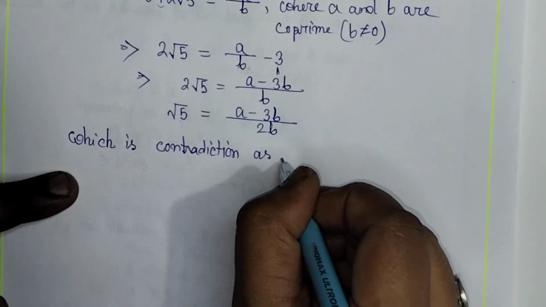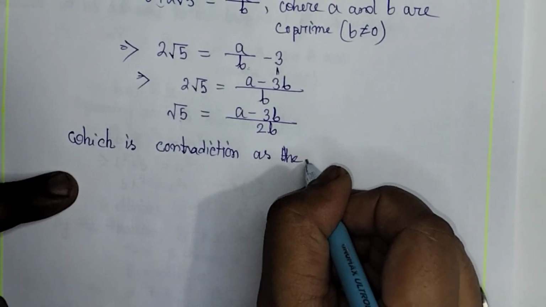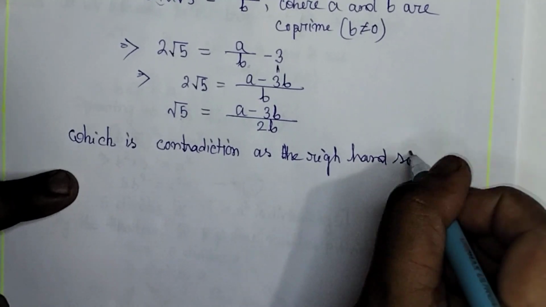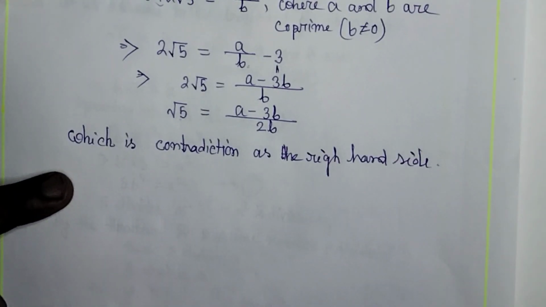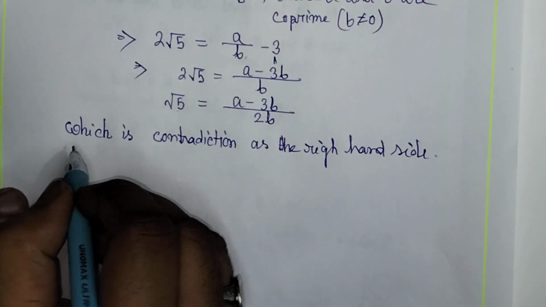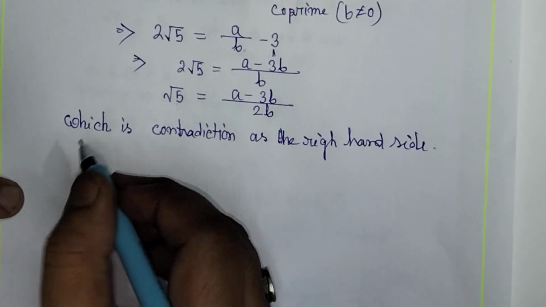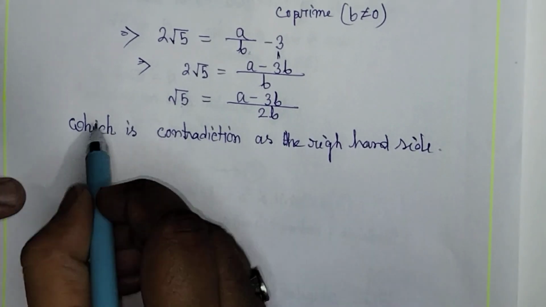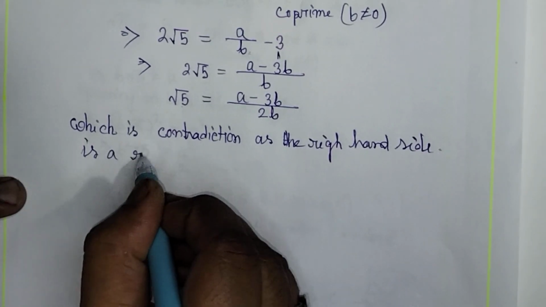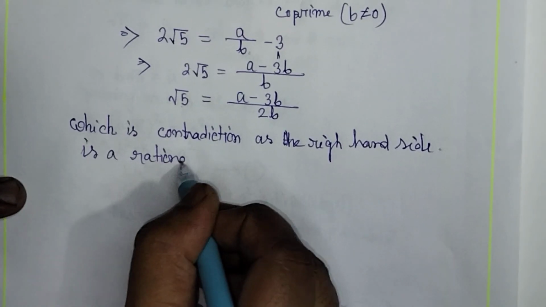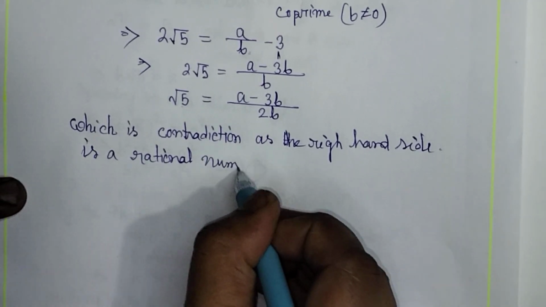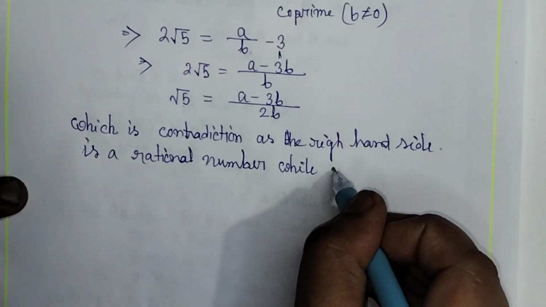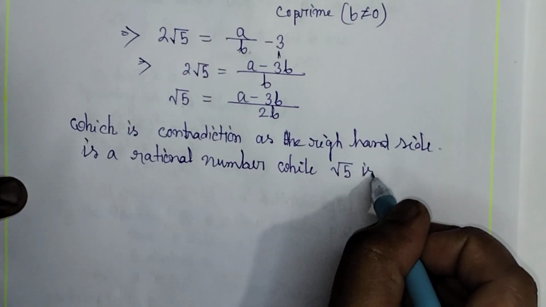This is a contradiction because the right hand side is a rational number, while root 5 is irrational.